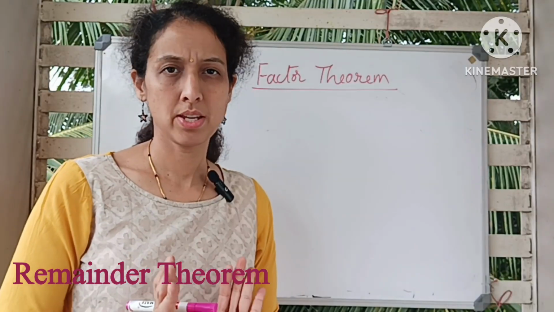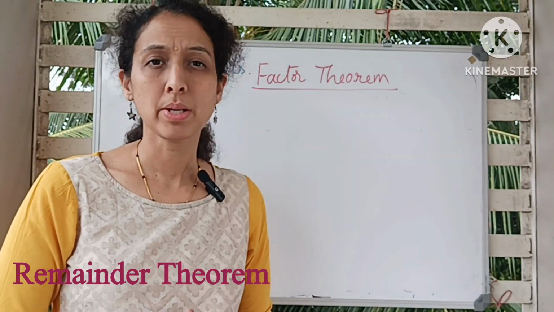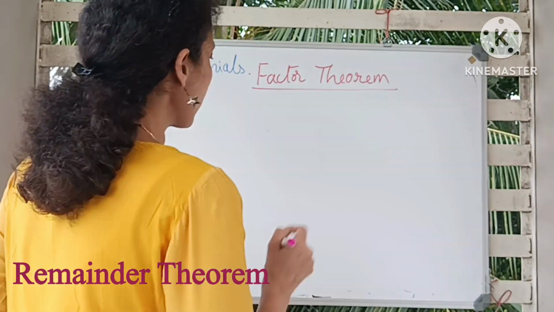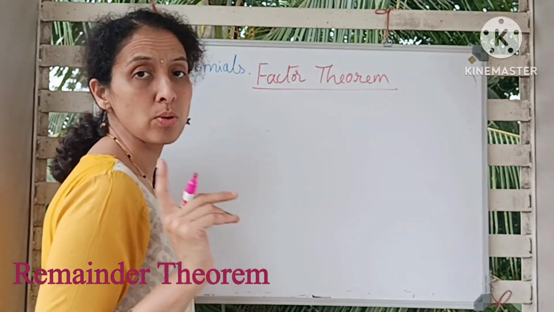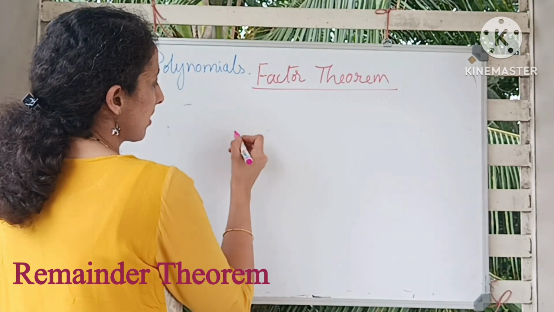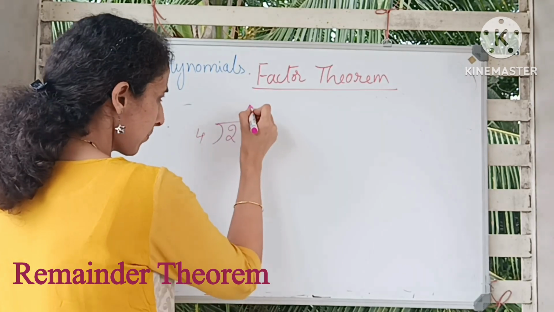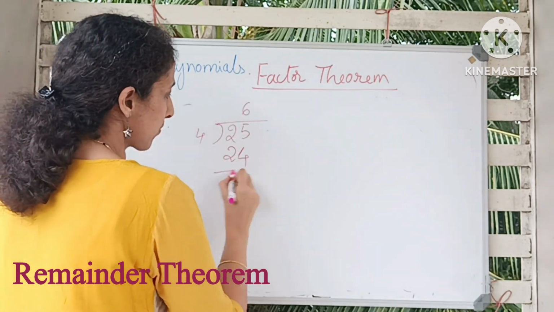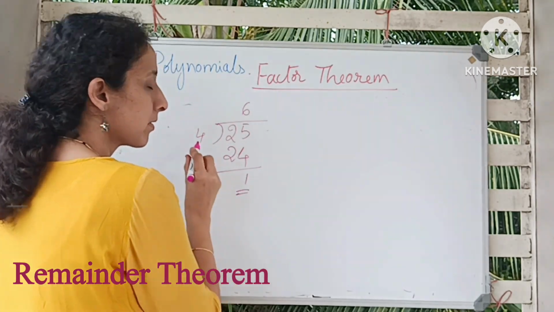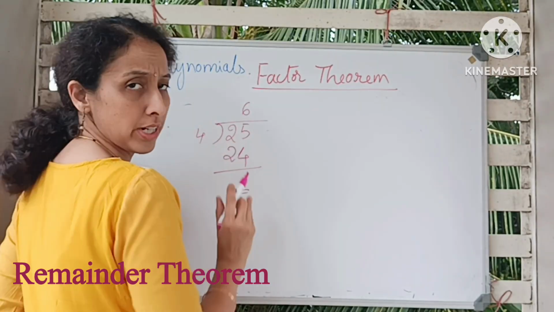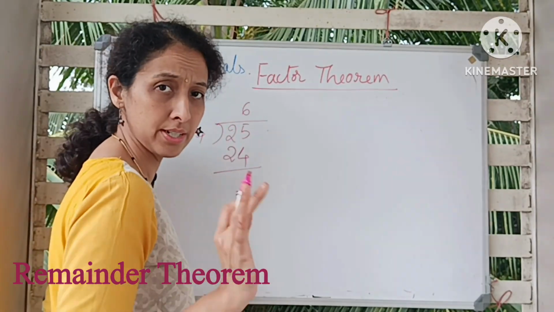All these examples we have seen are giving the remainder 0. What if the remainder was non-zero? Say, if I divide 25 by 4, we get 6 and 1 as the remainder. We don't call 4 a factor of 25 because it doesn't fully divide it.